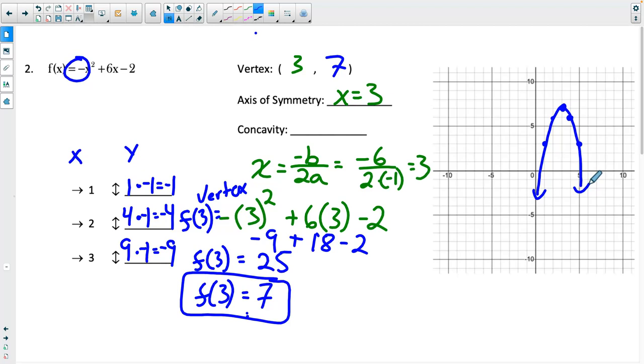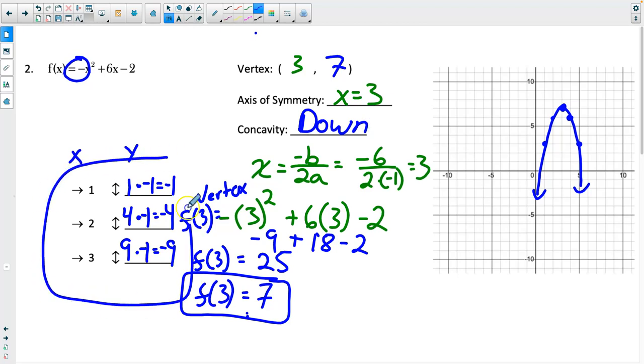Concavity, what are we looking at? Yeah, down. How do we feel about the pattern?